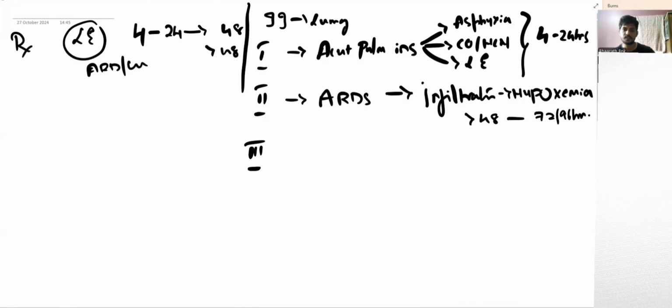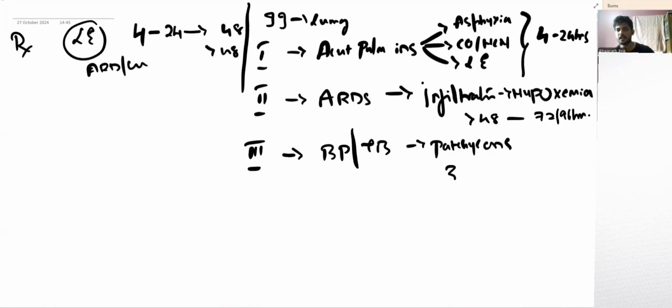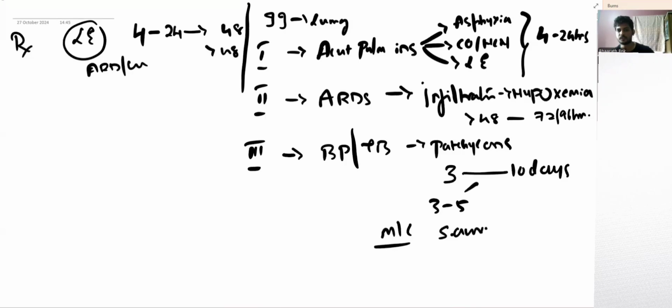Now, the last stage is where these patients develop infection in the lung, which is bronchopneumonitis or tracheobronchitis. On X-ray, there is a patchy consolidation. And this can happen anywhere between 3 to 10 days. In the first 3 to 5 days, the most common organism involved is Staphylococcus aureus, which is usually methicillin resistant.